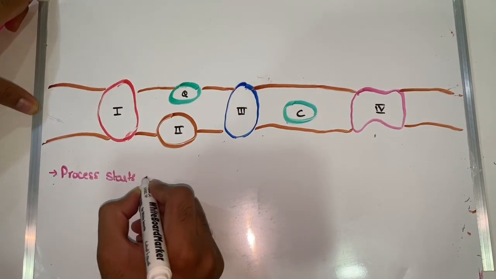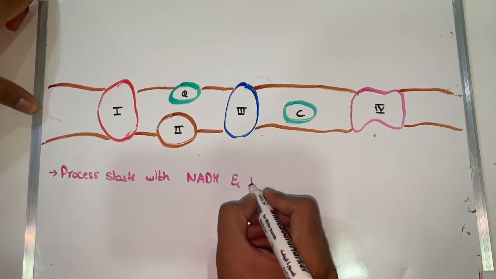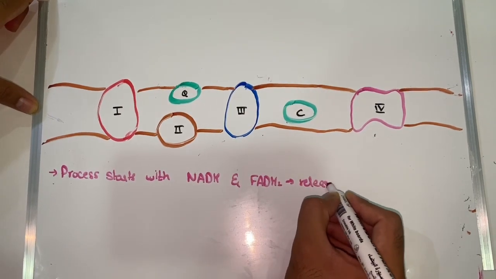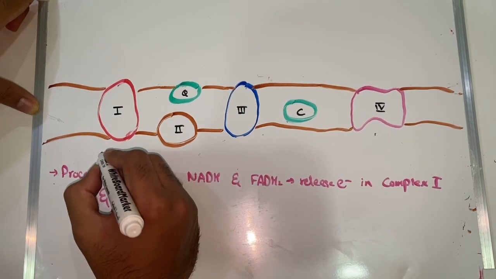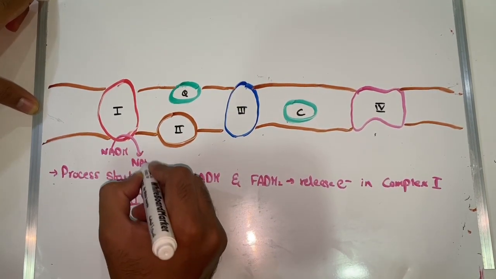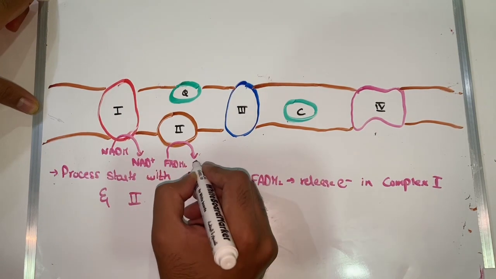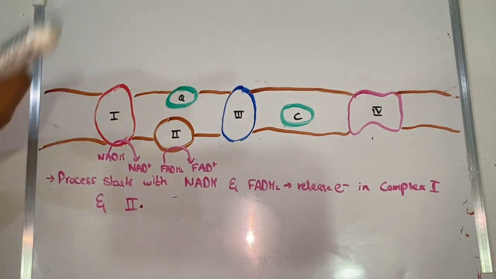The process starts with NADH and FADH2. NADH and FADH2 release their electrons in complex 1 and complex 2 respectively, by converting into NAD+ and FAD+.